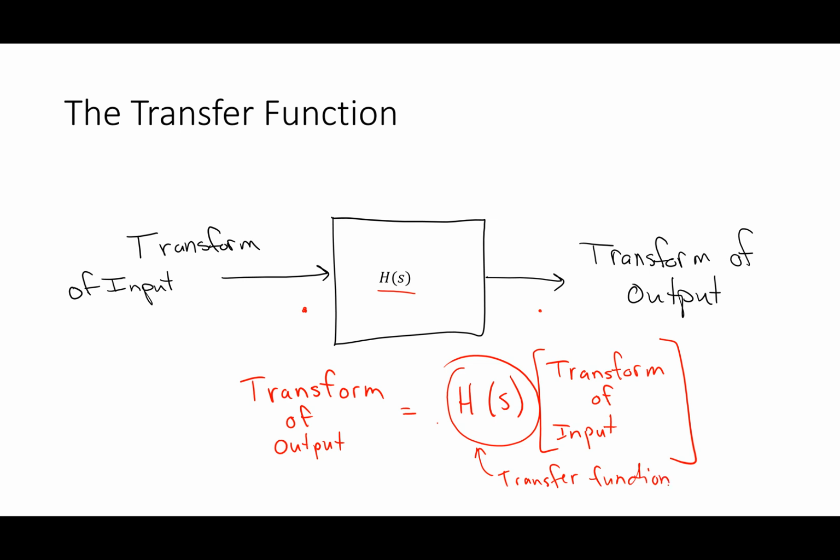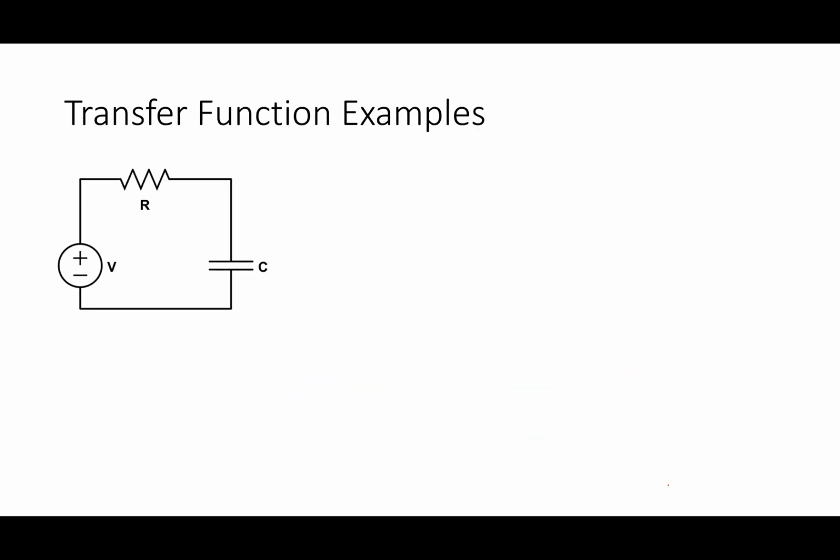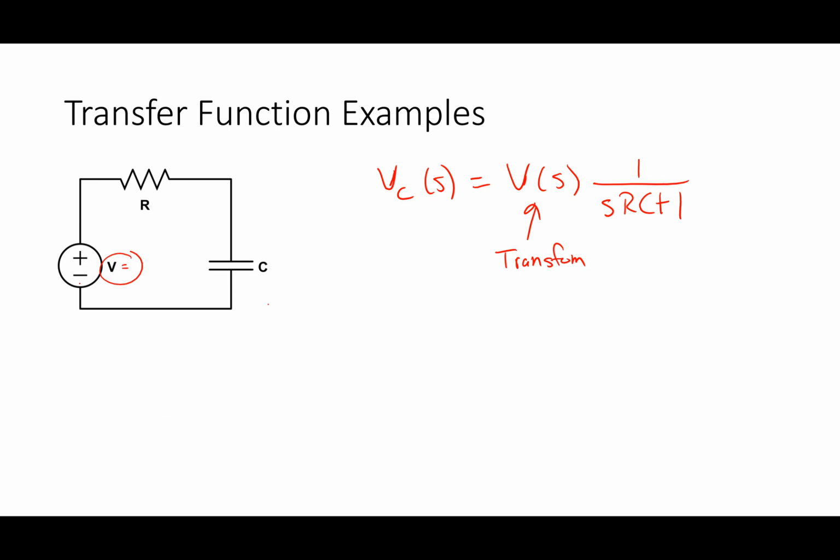And we're going to use that term a lot, right? So for this particular circuit, we just found, using the impedance, that V sub C of S is equal to V of S times 1 over SRC plus 1. This guy here is the transform of the input, the transform of the V input.